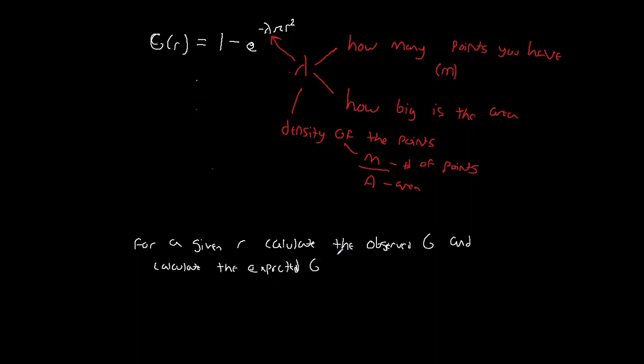Now at this point, you could do something if you did this for a large number of g's. You could do something like a chi-square like we did in some previous examples. But let's just talk about one value. What does it mean?